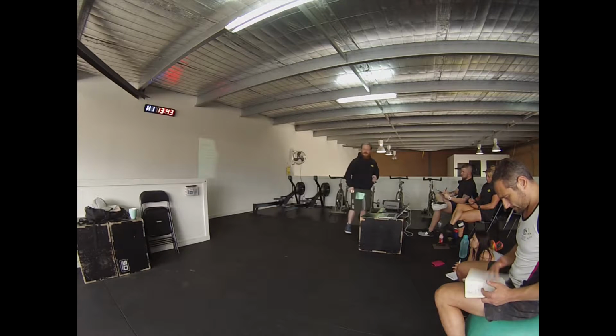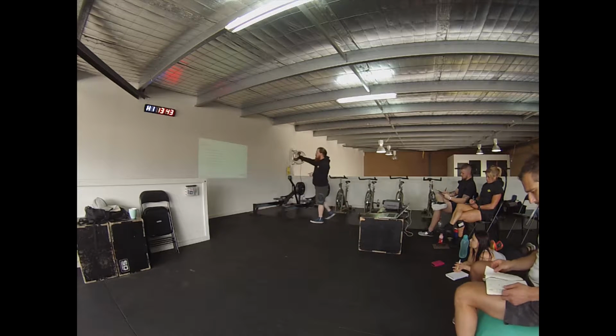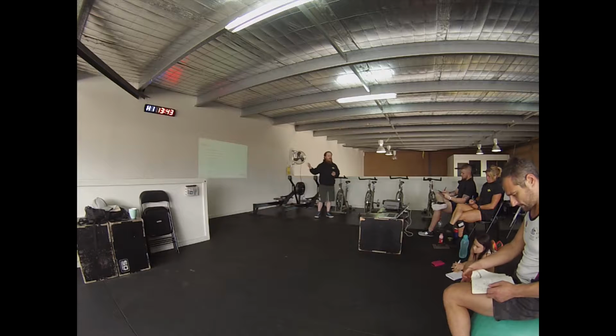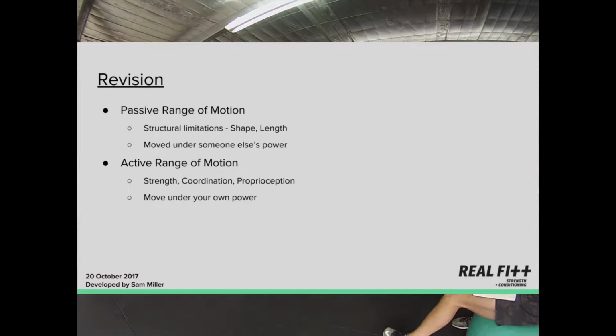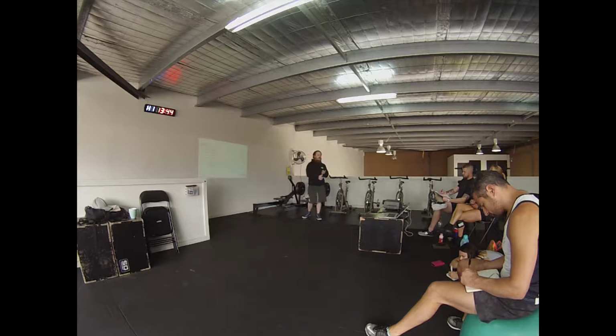Right, so we've got passive, active. These are simplified explanations of what passive range of motion is. The explanations are designed to serve the purpose of what we're going to cover today and how we're going to use this stuff. Passive range of motion is basically structural limitations, right?